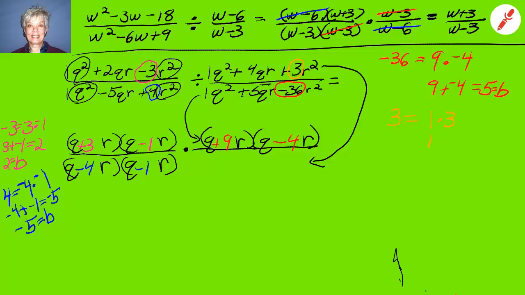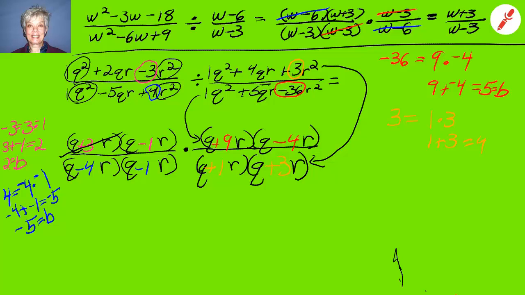Now 3 equals 1 times 3, and 1 plus 3 is 4. 4 is your B number. So the way I'll factor my new denominator, which used to be my numerator, is q plus 1r times q plus 3r.